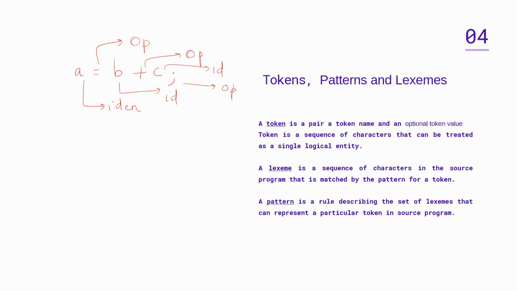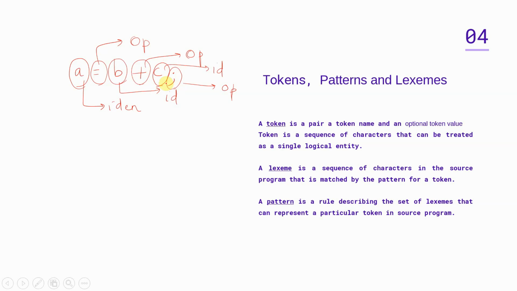So identifying the category of each of these input symbols in this statement is a token. The next term is lexeme, the actual string for which we are finding out the category. So A is one lexeme, is equal to is the second lexeme, B is the third lexeme, plus is the fourth lexeme, C is the next lexeme, and finally we have the semicolon.